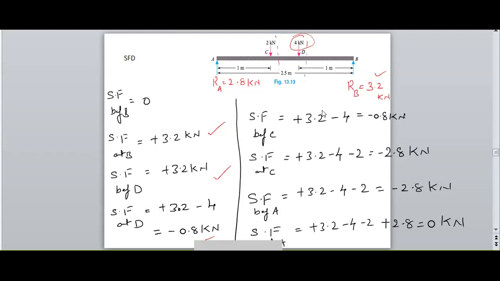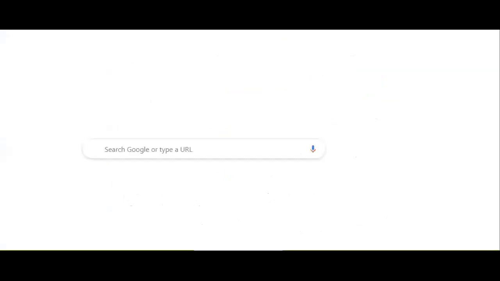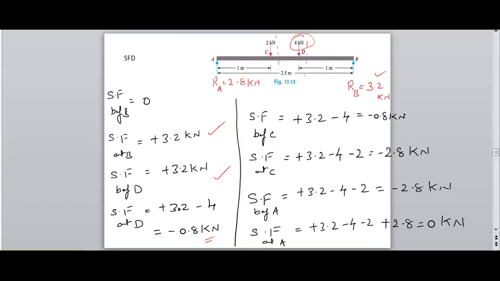At C, 2 kilonewtons is again added, and it is moving downwards, so I am getting a minus 2.